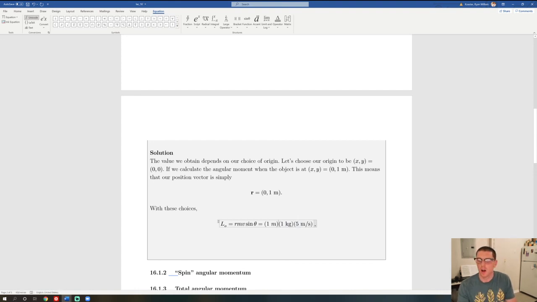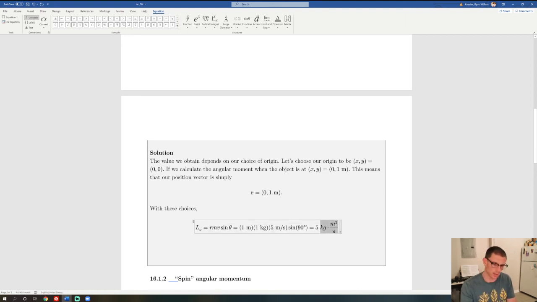And I'll put in sine of 90 degrees, which is just 1, of course. So this works out to be 5 kilogram meters squared per second.